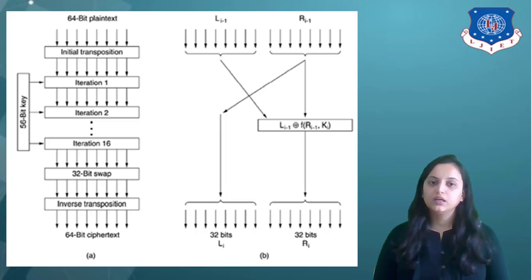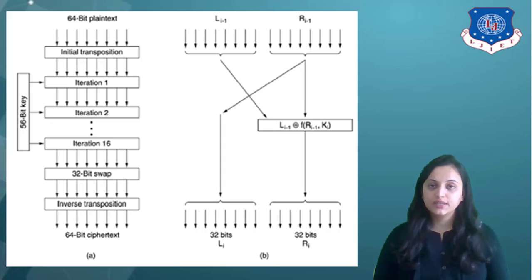In this figure, the outline of DES is indicated. Plain text is encrypted in blocks of 64 bits, yielding 64 bits of ciphertext. The algorithm, which is parameterized by a 56-bit key, has 19 distinct stages. The first stage is a key-independent transposition on the 64-bit plain text.